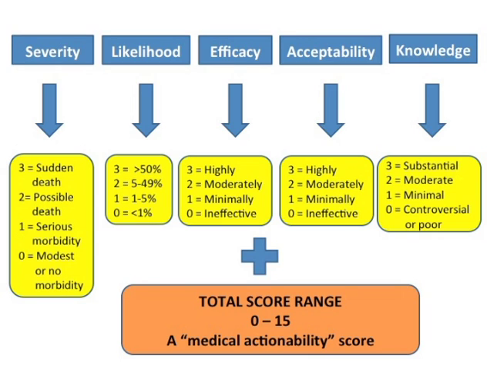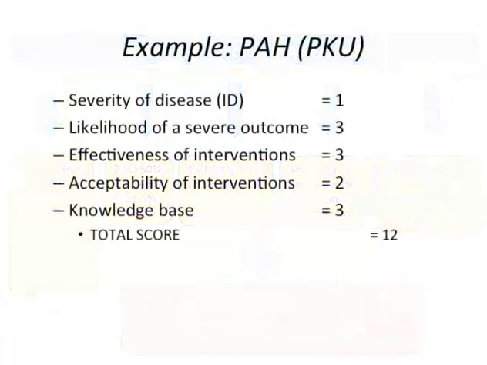So the scores come out to anywhere from 0 to 15, and it's really that score that we are hypothesizing determines the medical actionability of that gene. And to give you an example of something that is part of newborn screening, if we look at the gene for phenylalanine hydroxylase, that in homozygous form or compound heterozygous form, two mutations, would cause PKU.